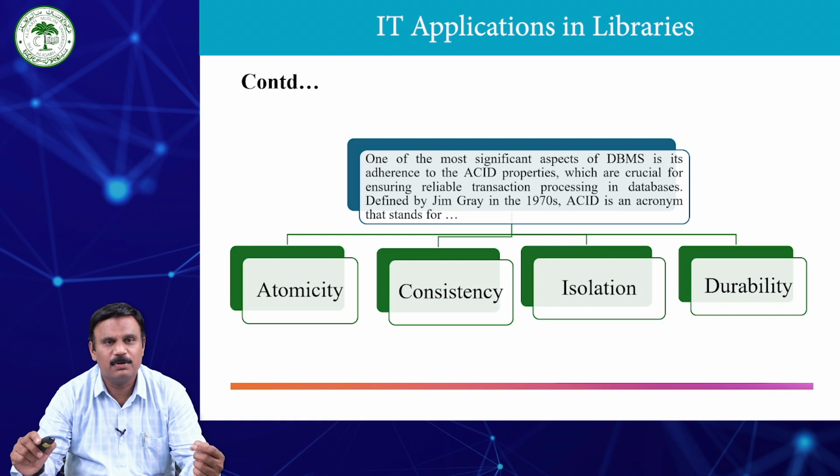The third component of ACID is isolation. Isolation ensures that transactions are executed independently of one another until completion. This prevents intermediate results of one transaction from being visible to others until it is finalized. And durability guarantees that once a transaction is completed, the changes are permanent, even in the event of system failures.